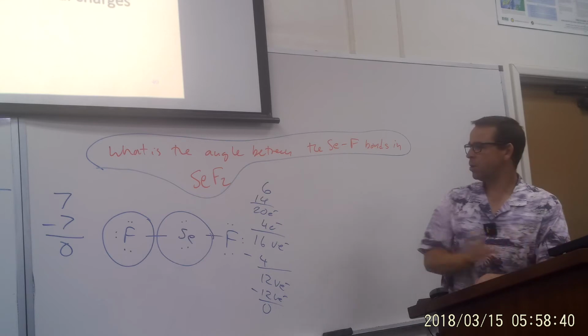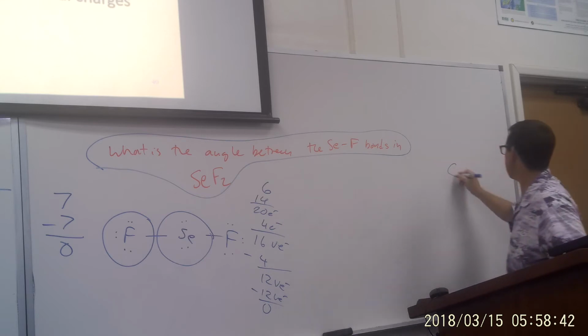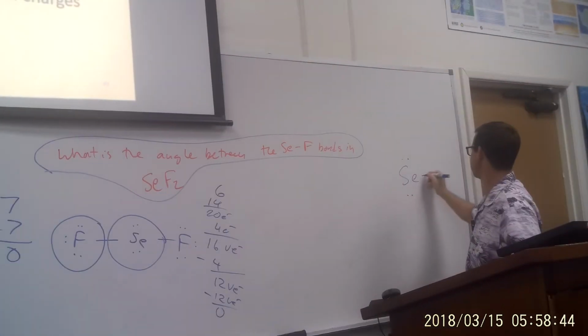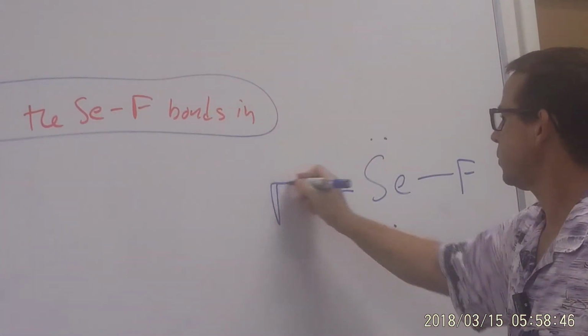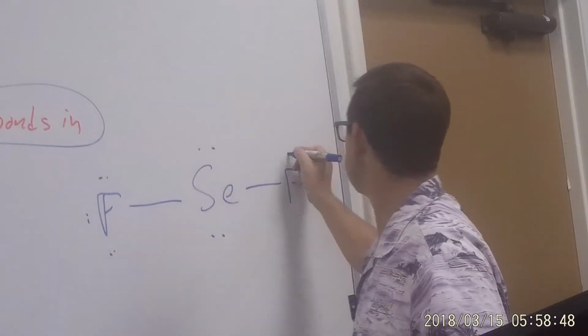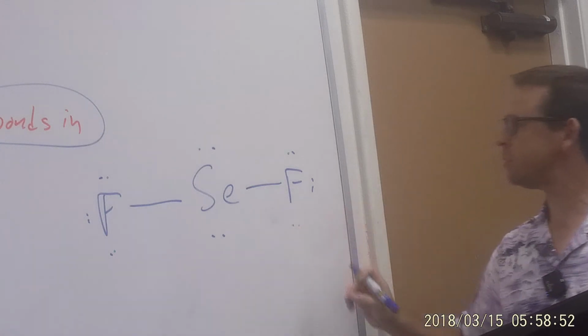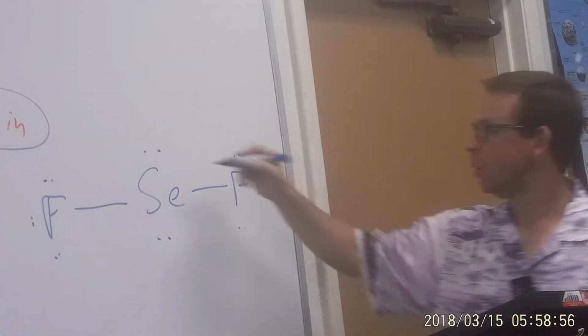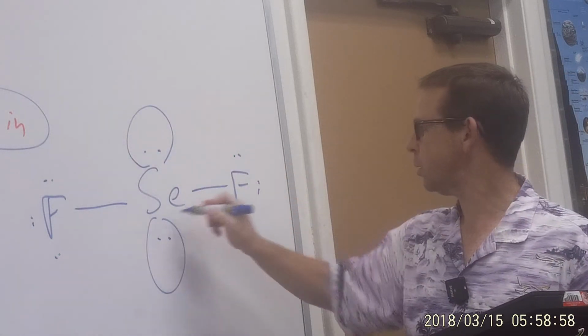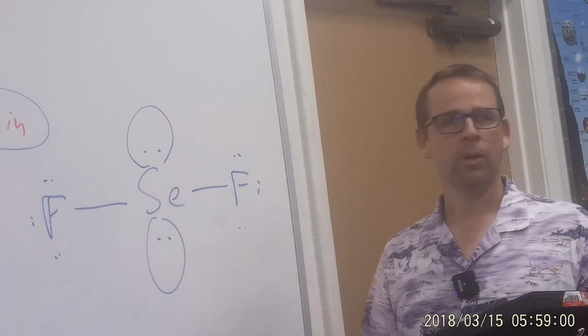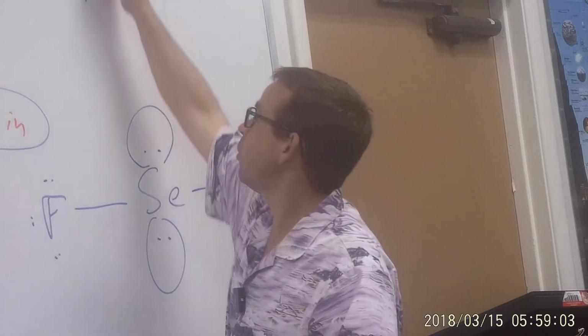What are the regions here? Let me redraw it without those circles. How many regions of electron density are around the central atom? 4. 1 here, 1 here, 1 there, and 1 there. Central atom with 4 things around it.